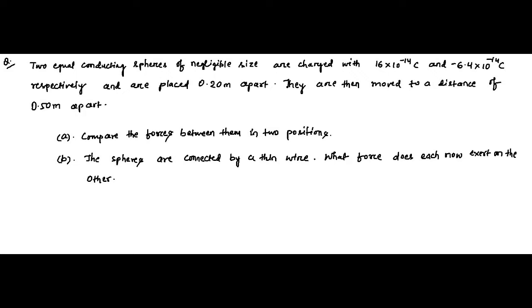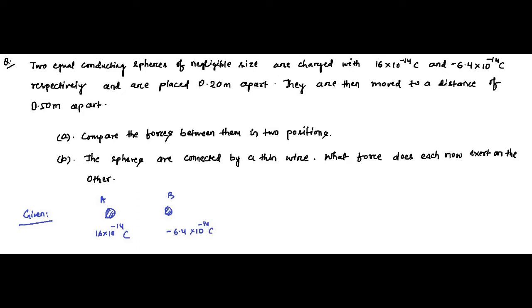Given data, let's say we have two spheres A and B. One has a charge of 16 into 10 to the power minus 14 coulomb. This has minus 6.4 into 10 to the power minus 14 coulomb.